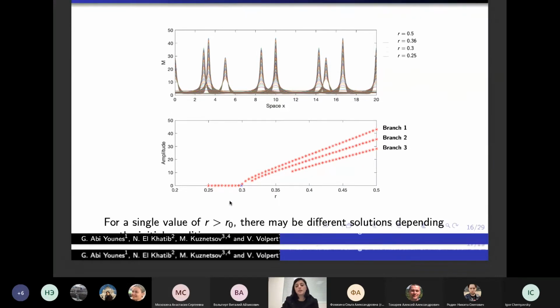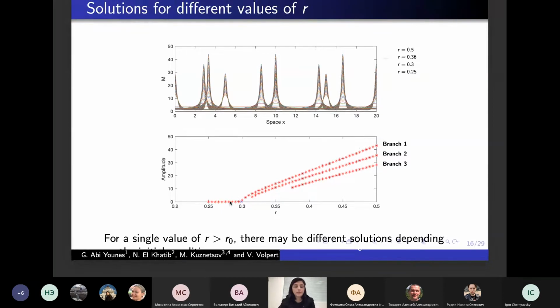This is what we call the bifurcation diagram. First, we notice that for a single value of R, for example 0.45, we may have 3 different solutions depending on the initial condition. And here we have a bifurcation point. We can see that the solution at the first branch is stable directly from the bifurcation point, and the trivial solution becomes unstable.